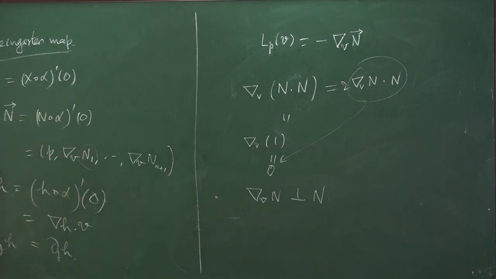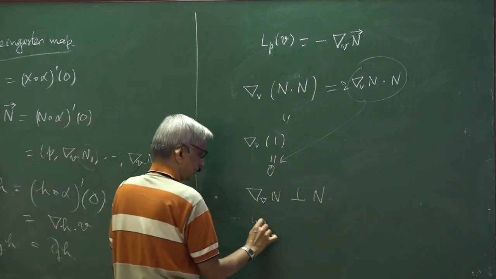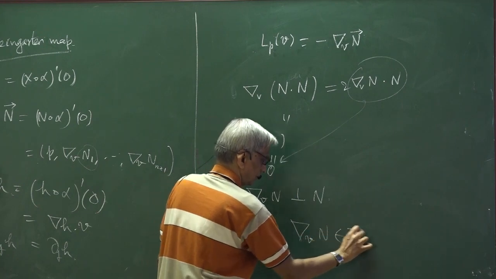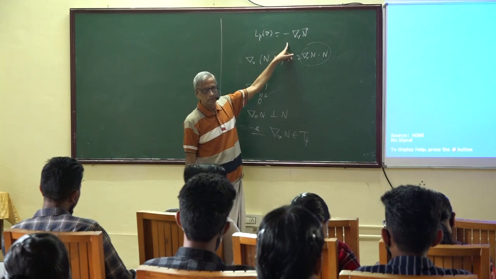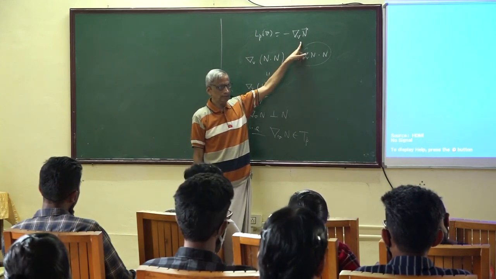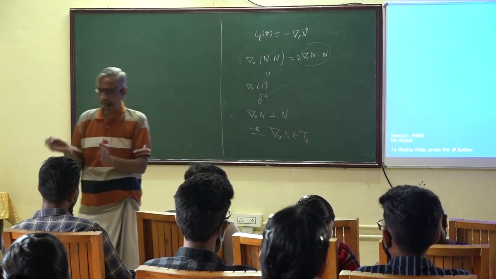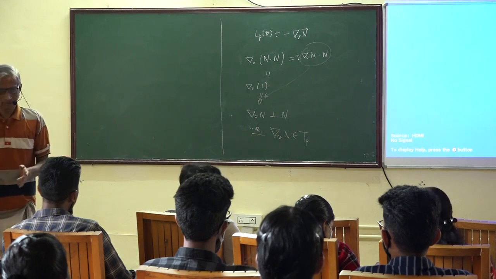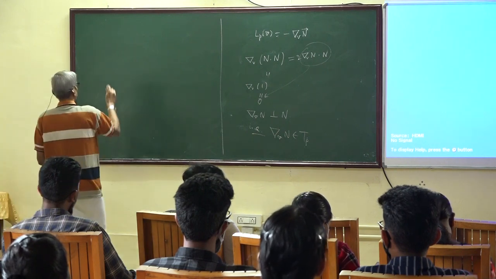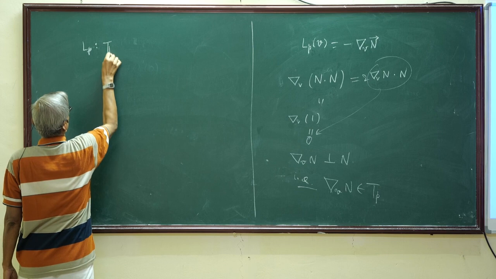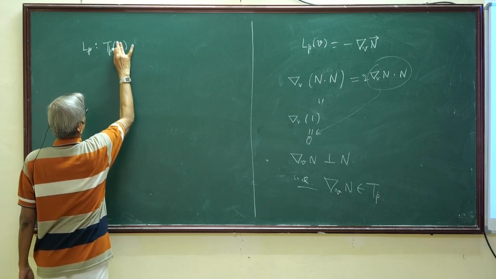Or in other words, orthogonal to the normal means it is tangent. This is also going to lie in the tangent space. So for any tangent vector v, LP of v is again a tangent vector, and therefore LP is a map from the tangent space to TP.